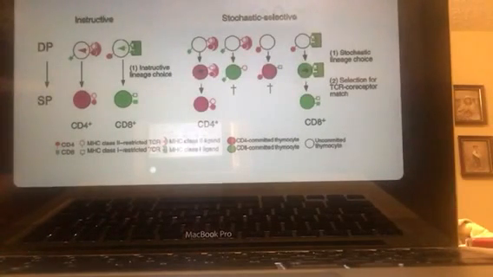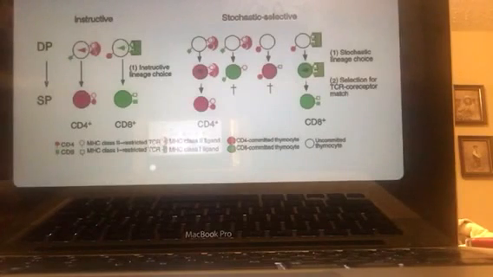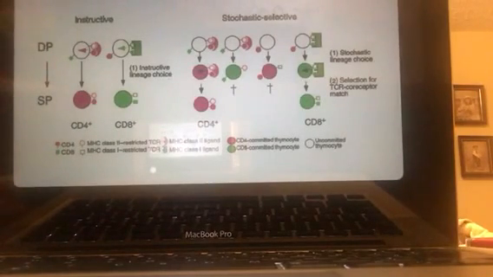Okay, so only the cells that express the right coreceptor generate a TCR signal strong enough to survive to mature. For them to be the correct receptor, it has to be the one that can interact with MHC, with the TCR as well.